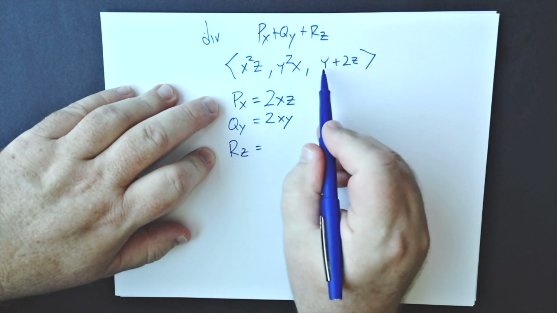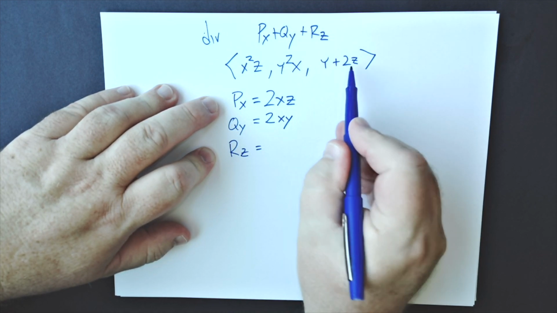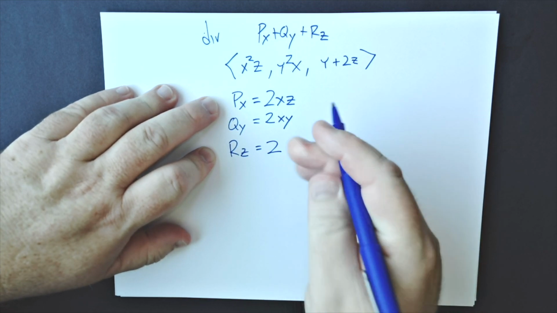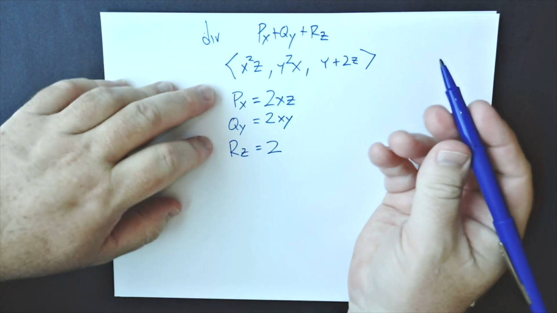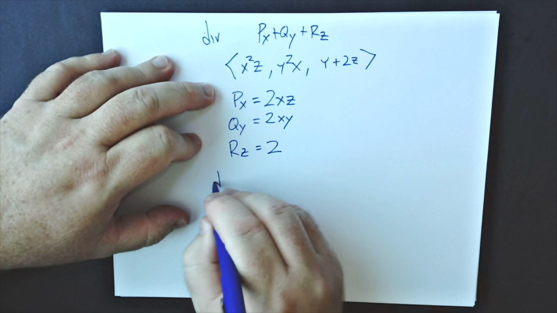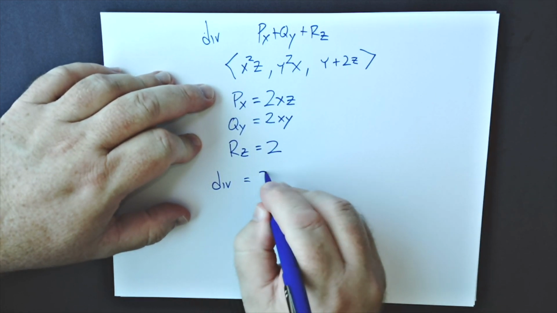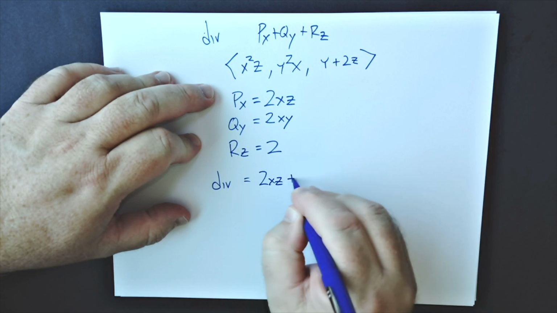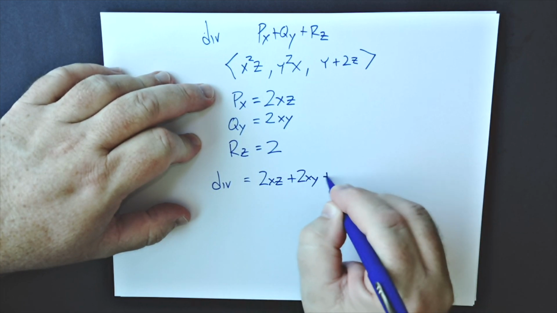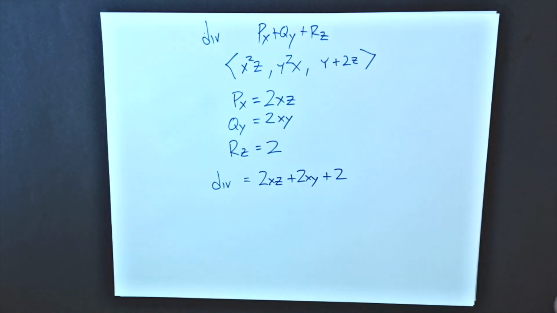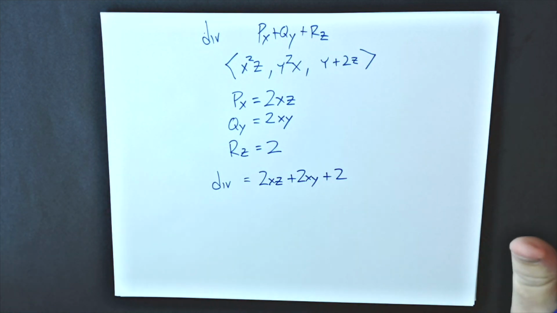So that part goes to 0, and that's just going to be a 2. And remember, you simply add these up. That's all it is. So the divergence of this vector is 2xz plus 2xy plus 2. That's the divergence. Notice there's no point, so we don't plug anything in.